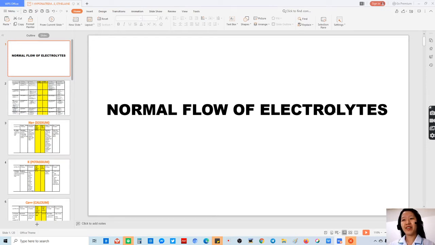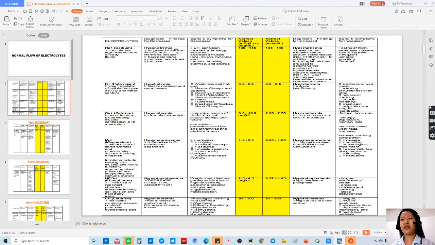I'm Ethelene Lomantas, and I'm going to report my part regarding normal flow of electrolytes. So this is our table on how we made our electrolytes.